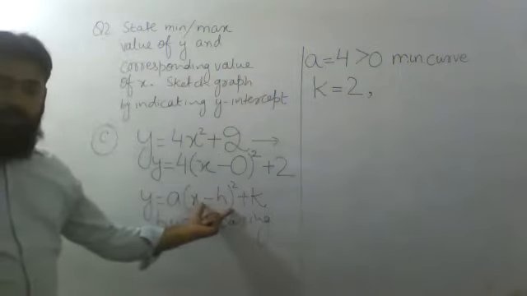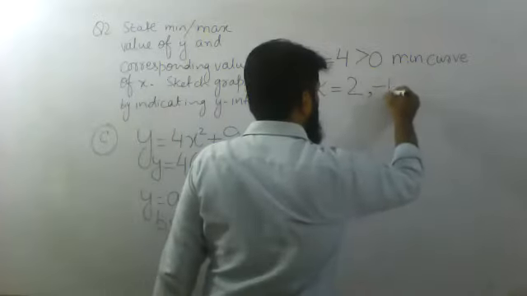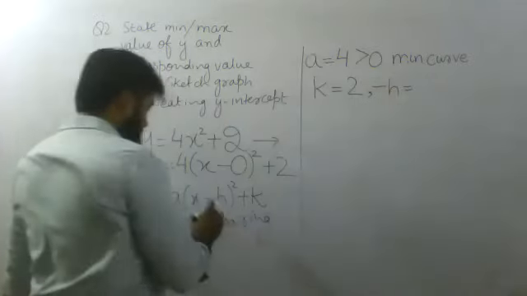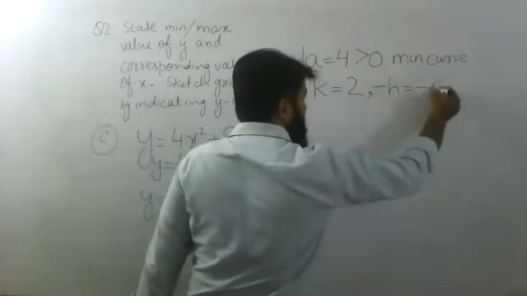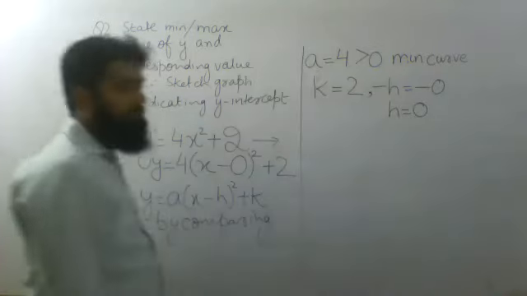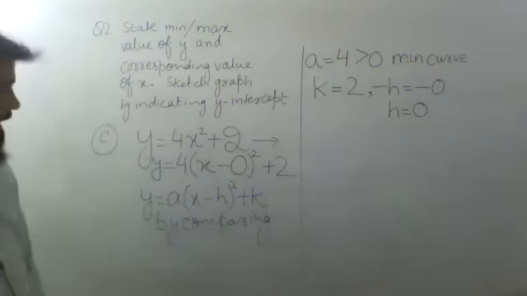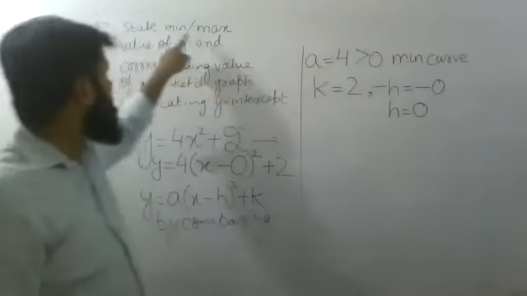Inside the bracket, minus h. Inside the bracket, minus 0. So h will be 0. So I have found the minimum value.